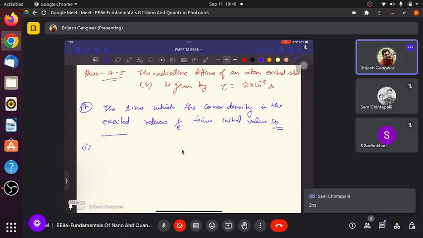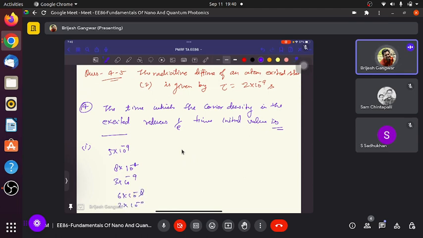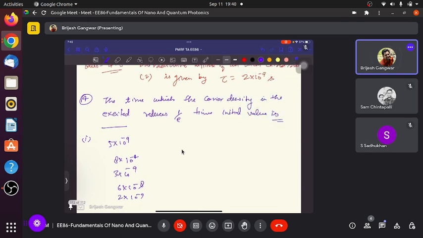Your options are 5 into 10 to power 9, 8 into 10 to power minus 4, 3 into 10 to power minus 9, 6 into 10 to power minus 8, and 2 into 10 to power minus 9. Take five minutes to solve. Give me a second.